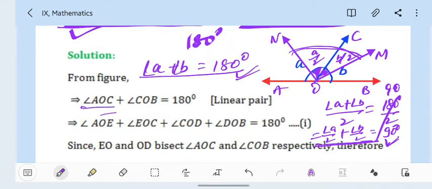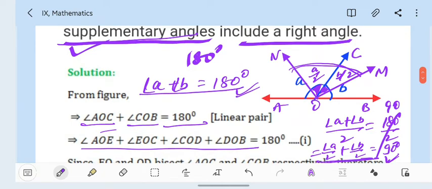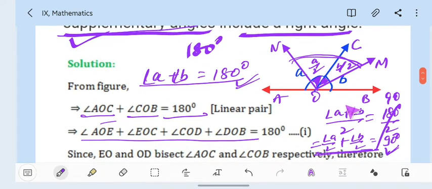If the figure is not given, you can make the figure by yourself also. AOC plus COB equals 180 degrees by linear pair. It is already given, it is supplementary. And if we add all the angles together after formation, like AOC, okay?